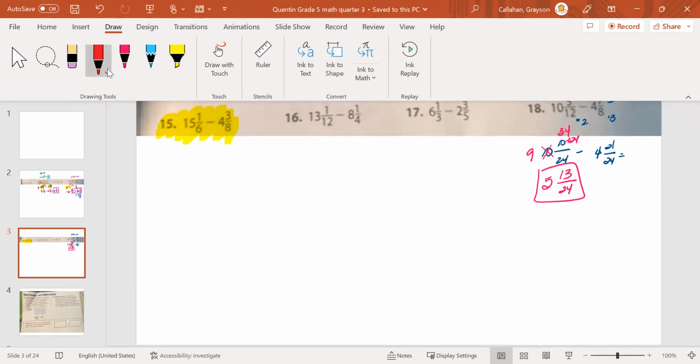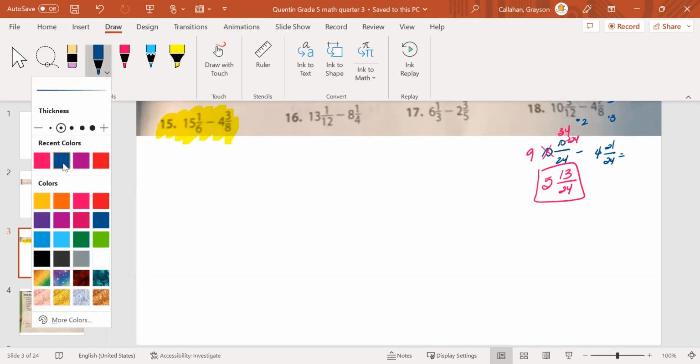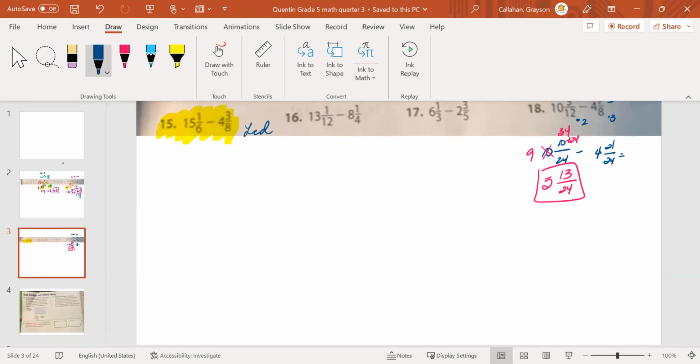All right, so let's go ahead and take a look at your answer for this one. So what is your lowest common denominator? Okay. Explain how you got your answer. 6 times 1 4, and then 6 times 8 equals.